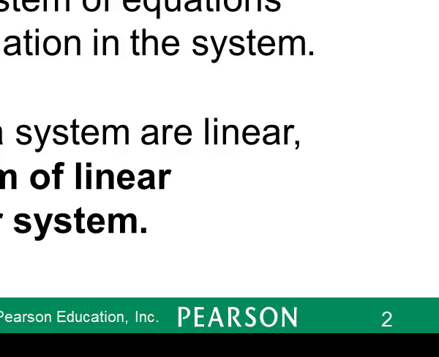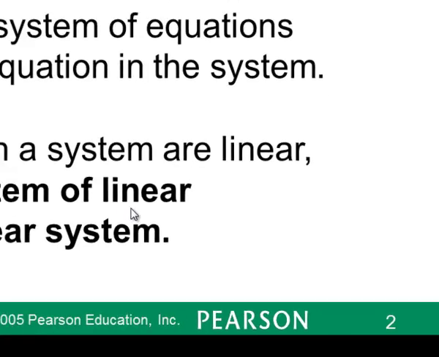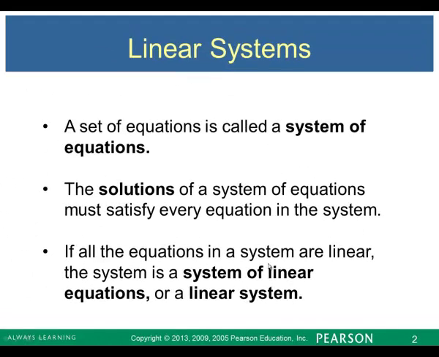The solution in the system of equations has to be a solution for both equations, not just one. It has to be both. If you have all the equations, whether it's 2 or 3 or more, they're all a part of the linear system.